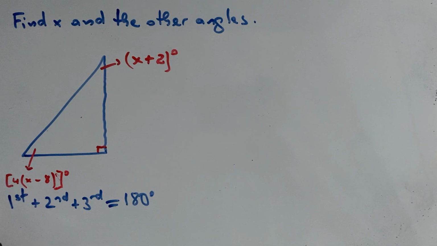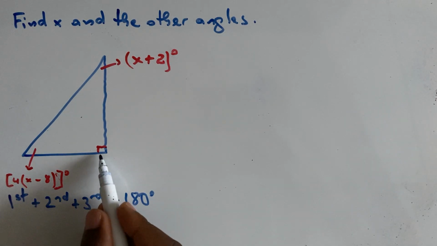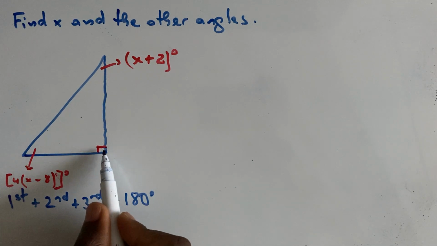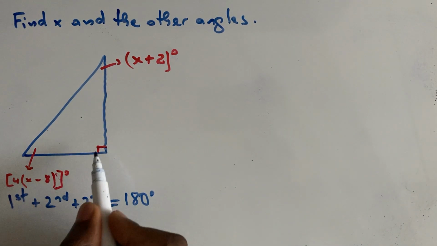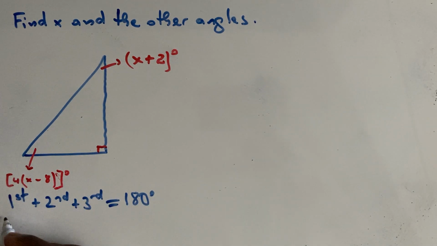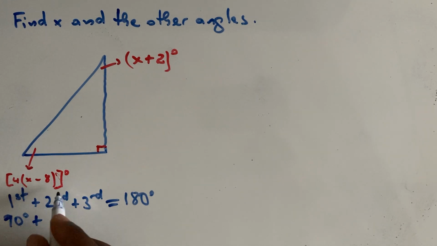Now, what's the equation? Let's say you call the first angle right here the 90 degrees. As you can see here, they don't tell you what it is because they know you have to know it's 90. So I'm going to put 90 for the first, 90 degrees, plus the second one.